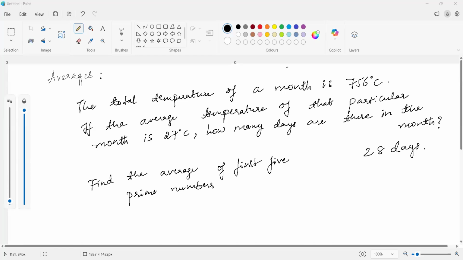Once again, you calculate. Yes, correct. That's why I told you to double check before marking the answer in the main exam. Here for practice it is okay. Finish this.